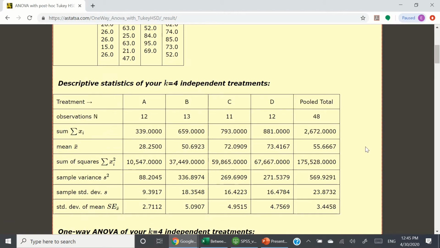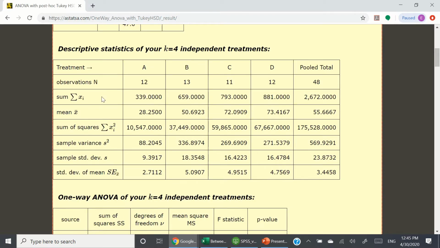It's going to tell you that there are 12 people in A, 13 people in B, 11 people in C, and 12 people in D. Then it'll give you the sum of squares and the mean square. They're also going to give you the variance, the standard deviation, and the standard error of the mean.